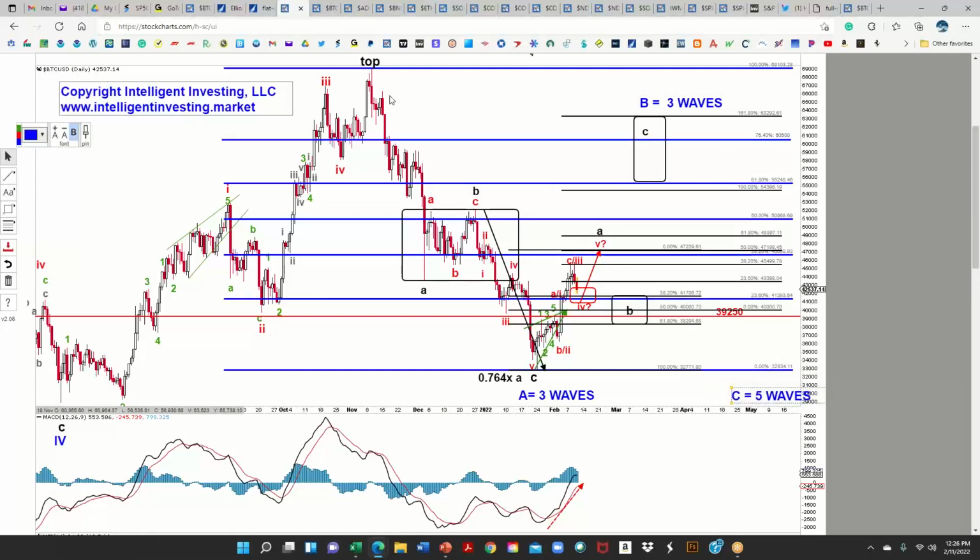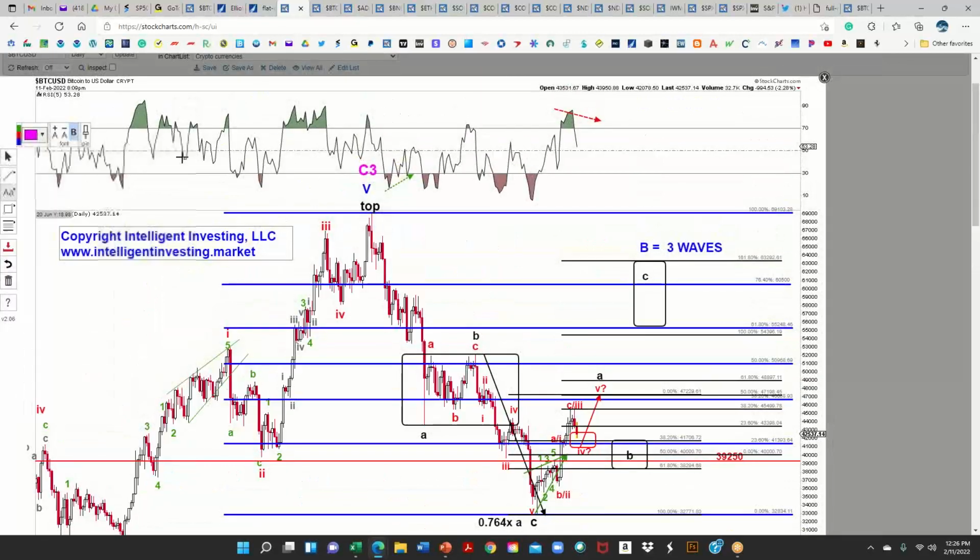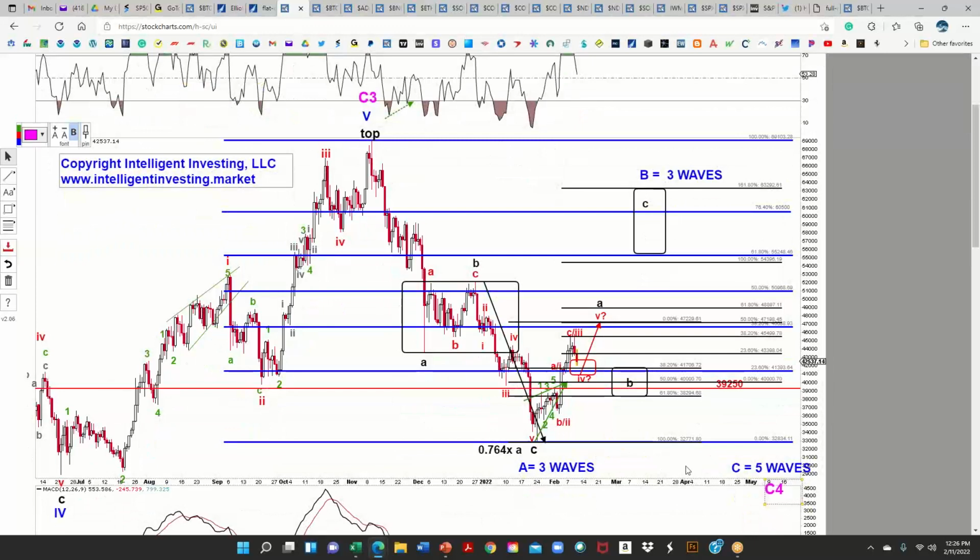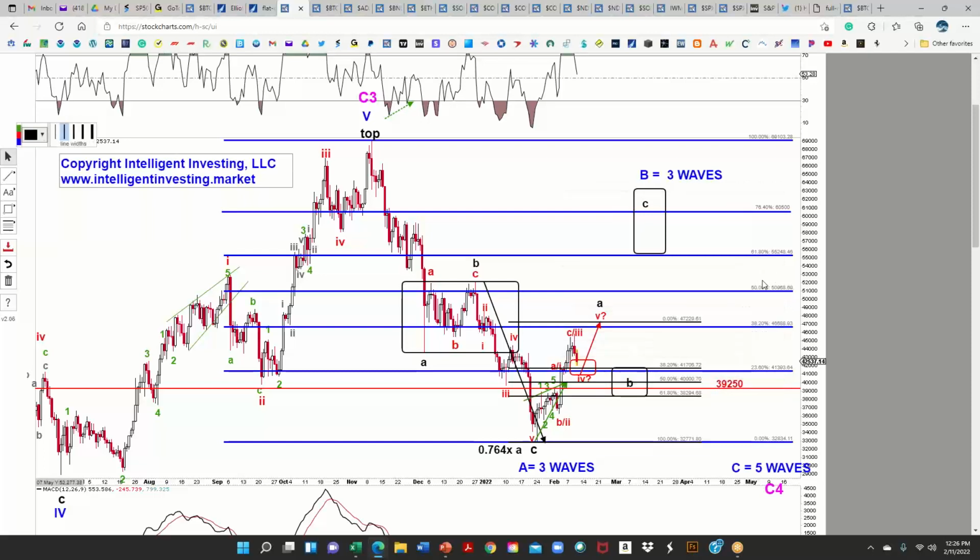And then the C wave is 5 waves, and that will then complete cycle 4. So, zooming in, we have now more information available to us in knowing what will happen if then. Okay, if we can hold in this target zone, right? And we can break out, reach about 47,000.